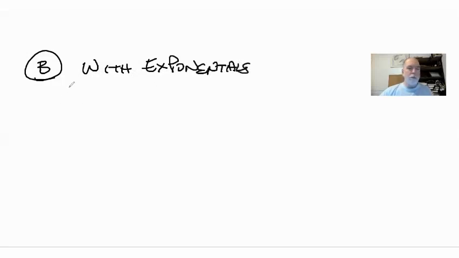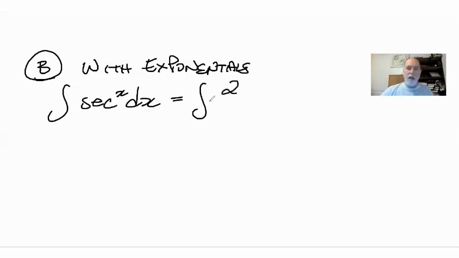Okay, so we've got the antiderivative of secant x dx, and we're going to convert this secant into this exponential form. Okay, so this is just the, not the inverse, the reciprocal of the cosine.